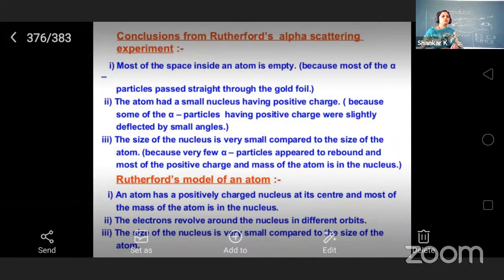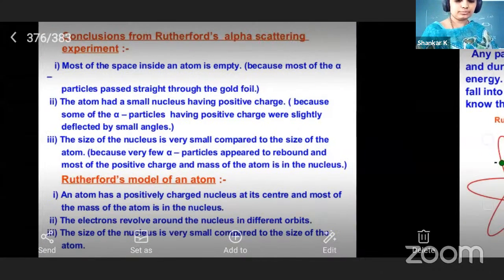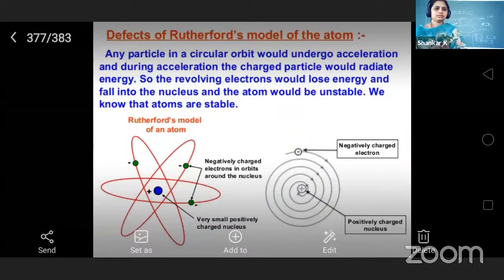The size of the nucleus is very small, because the nucleus is a part of an atom, compared to the size of the atom. Now see the defects of Rutherford's model of the atom.